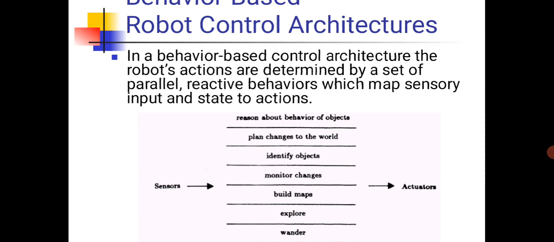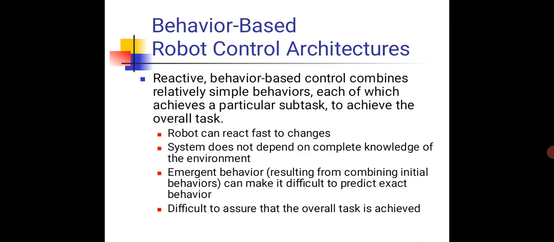This will reason about the behavior of objects. It will plan changes to the world, monitor the changes, build maps, explore, and wander. All this is done by a sensor. Accordingly, these actions are planned and executed through the actuators.